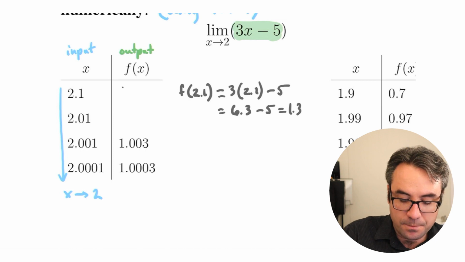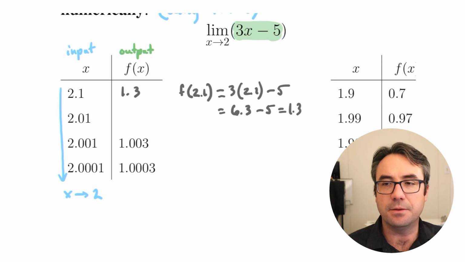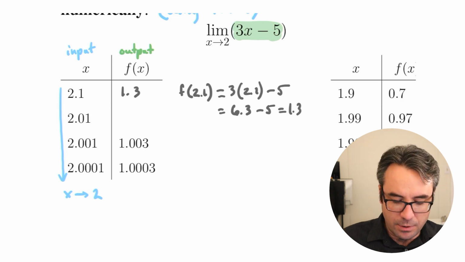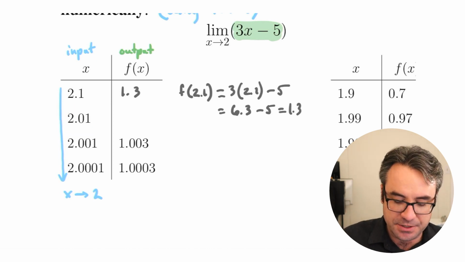That would go over here, the first entry in that second column. All right, what about the next value, 2.01? Let's plug that into our function and see what we get.